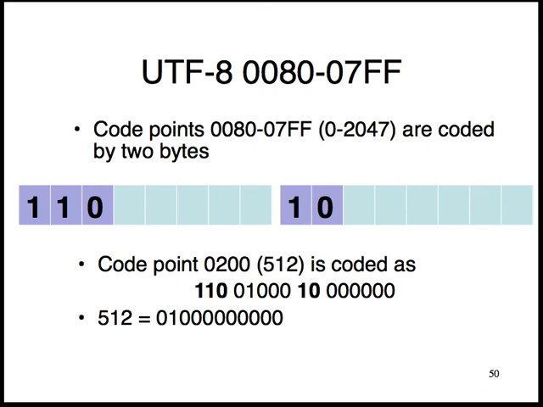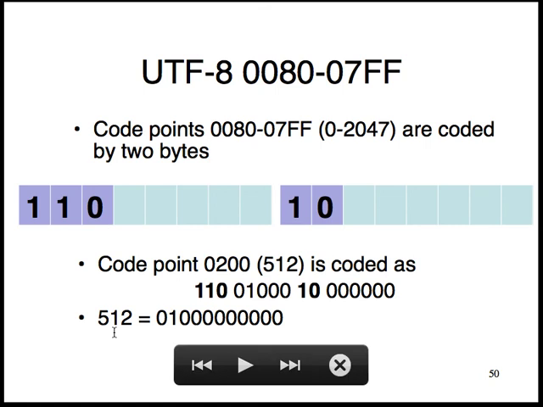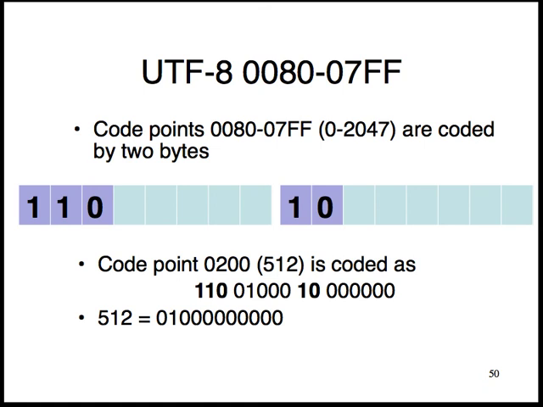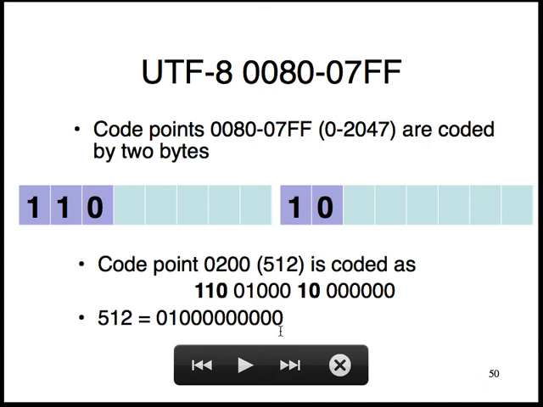So if we look here, 512 in binary is 0, 1, followed by 1, 2, 3, 4, 5, 6, 7, 8, 9. Okay, so that's 512 in binary. That sequence there of bits is broken up into two chunks.